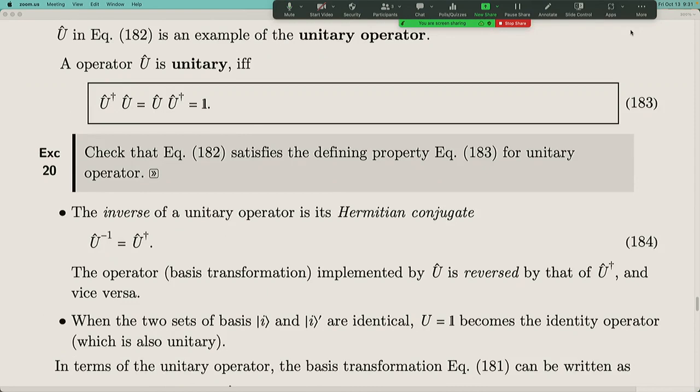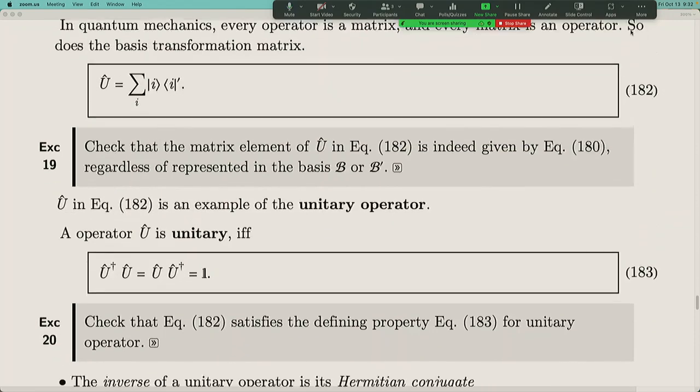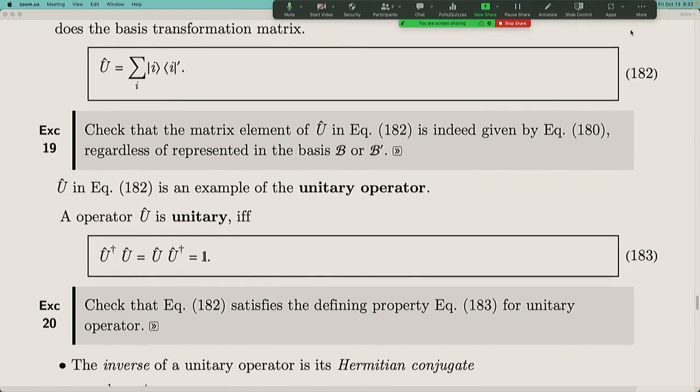Okay, there's a special case when I and I prime are two sets of identical bases. Remember, U is a summation over I and I prime. If I prime turns out to be I, they are the same basis states, then this becomes the resolution of identity, and the unitary operator becomes the identity operator.